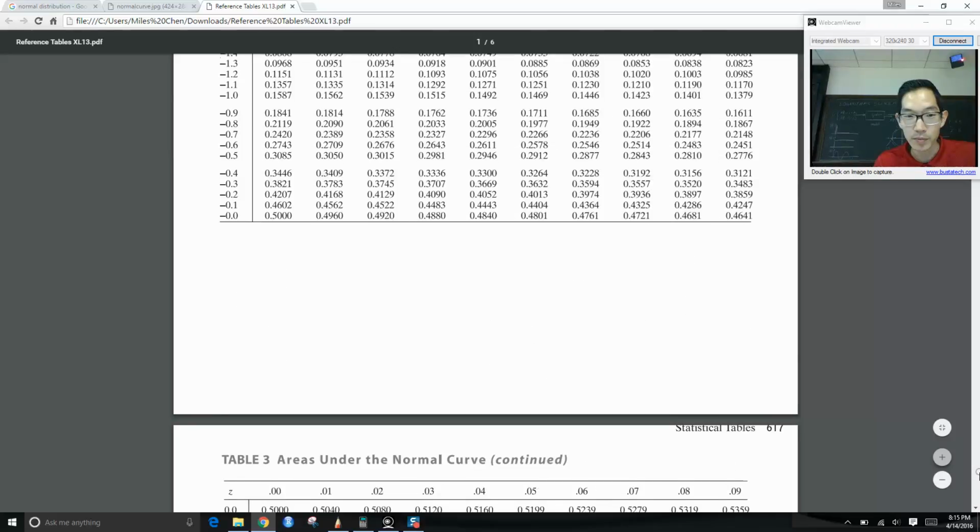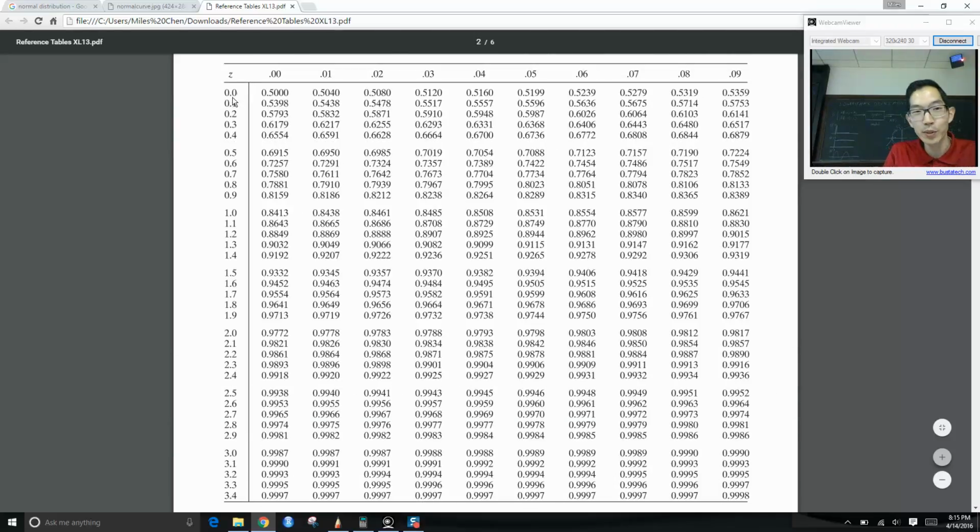If we look up 0.0 in the first row, and the column 0.00, we see the number there is 0.5. This means that the area shaded to the left is 0.5, or 0.5000. So it gives you 4 decimals of precision.